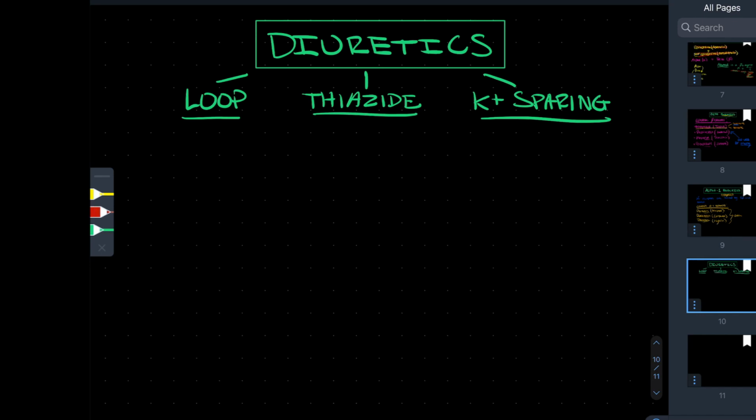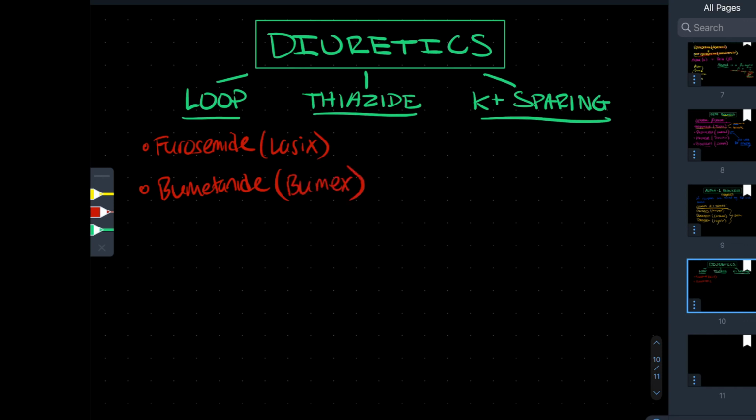So some common loop diuretics are going to be things like furosemide, which is Lasix, bumetanide, which is Bumex, and torsemide, which is Demadex.